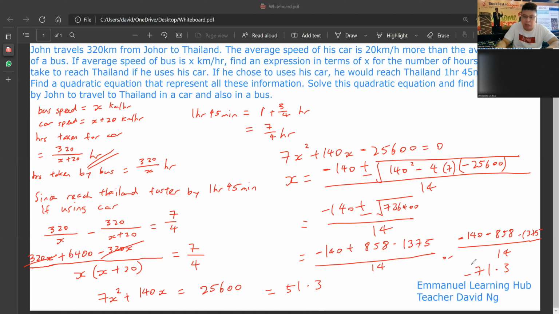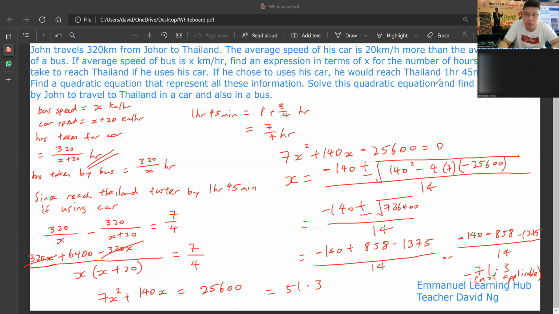So you have to reject the negative one. The reason is that x is the average speed of bus, and speed of bus cannot be negative. Makes sense. So you have to put here not applicable. So I'm using this as the answer for x.